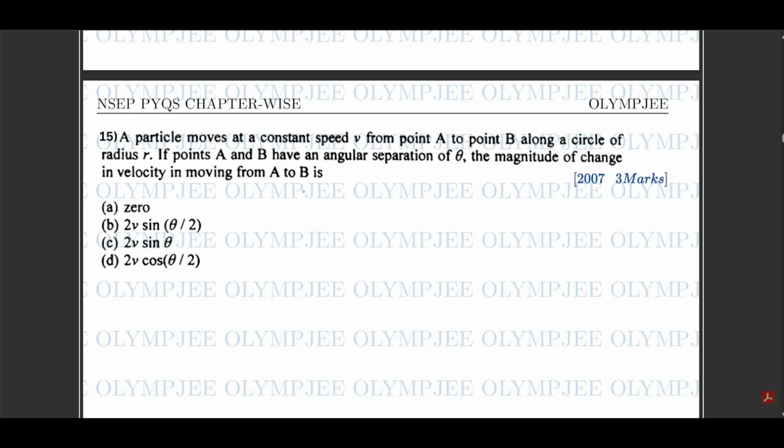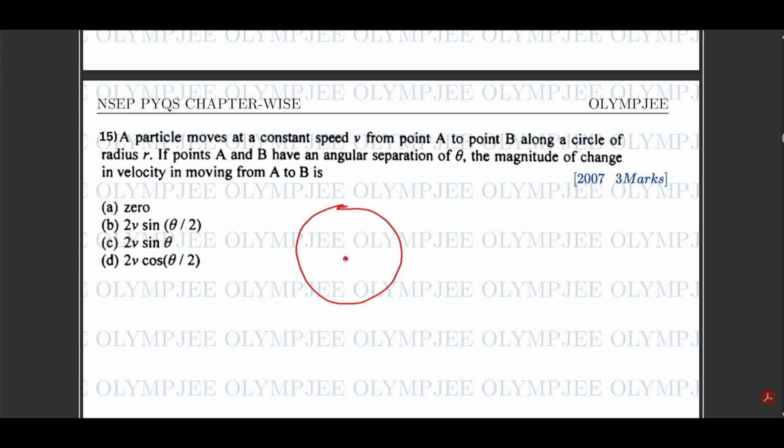15th question says that a particle moves at a constant speed v from point A to point B along a circle of radius r. If points A and B have an angular separation of theta, the magnitude of change in velocity moving from A to B is. Let us understand this through a diagram.